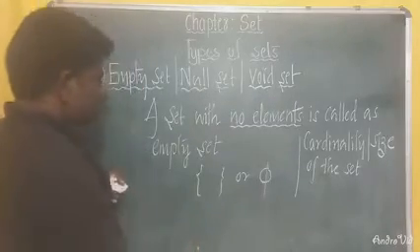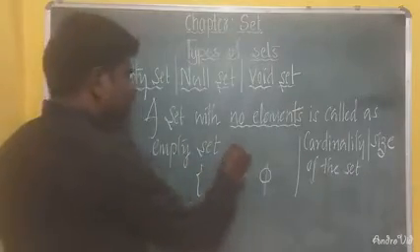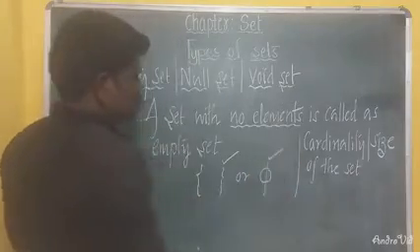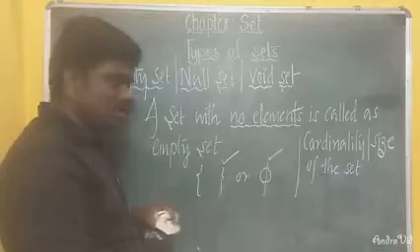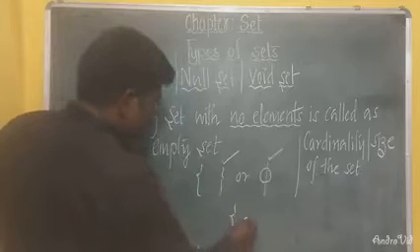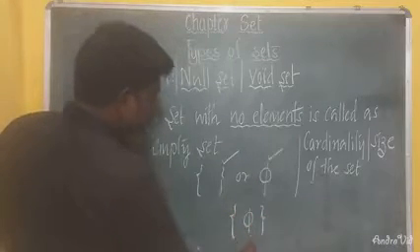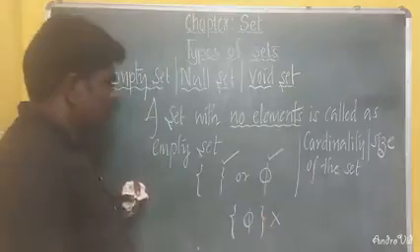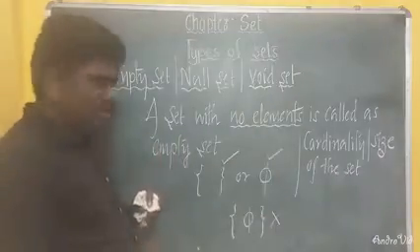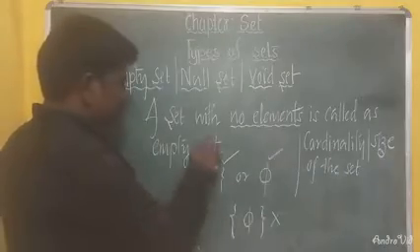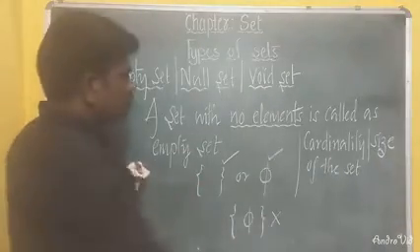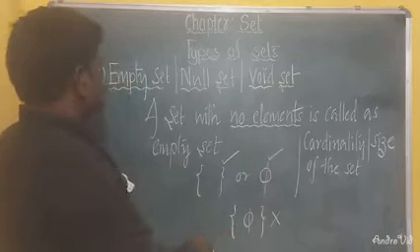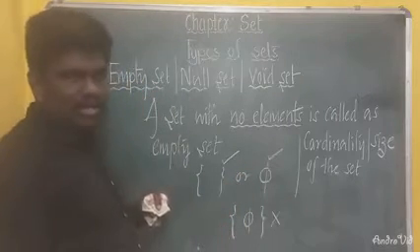So you can either write just the empty braces or you can write phi. You cannot write them together. Writing this way, it is not an empty set. So if you want to write an empty set, you have to just write the empty braces or the phi symbol.